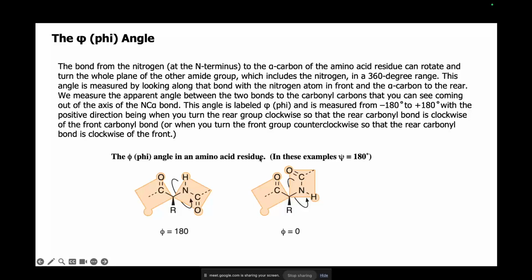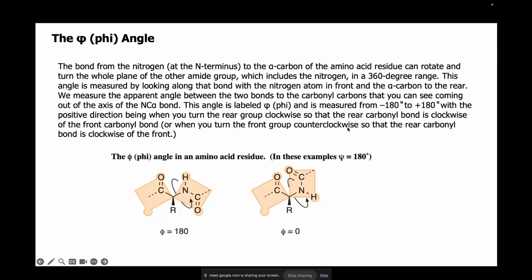It's similar. This angle is measured by looking along the bond with the nitrogen atom in front and the alpha carbon to the rear. We measure the apparent angle between these two bonds to the carbonyl atoms. And this angle is labeled as phi, which ranges from negative 180 to positive 180.